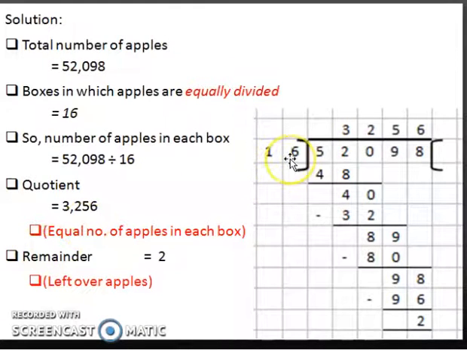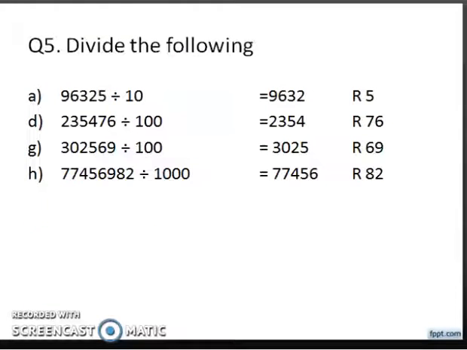So we divide by 16 and we get 3,256 apples in each box with 2 apples left over. You can write the answer in the statement form also, in a complete sentence form also. Children, pause the video, do neat work, and put a line when you finish doing your work.